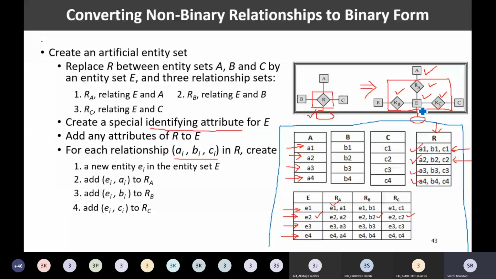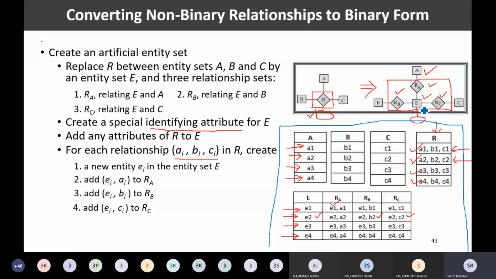And creating three relationship sets RA, RB and RC between A, B and C respectively. So that is the first step. What next? As we have created new artificial entity set E, we need to have one identifying attribute, one primary key for this entity set E. So that we need to create.